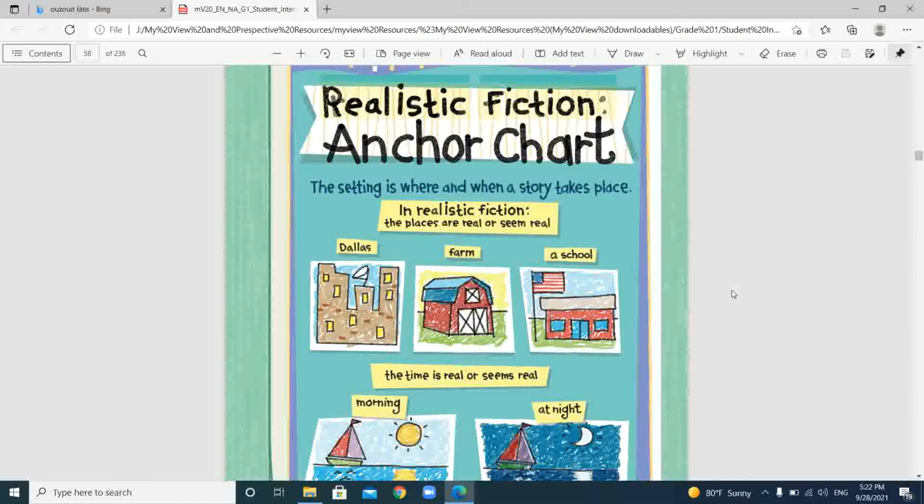Okay, today in our story, when we read, the setting of the story was on the street, in Henry's neighborhood or in Henry's block. The time is real or seems real. Remember, the setting is where or when a story takes place. So, did the story happen in the morning or did it happen at night?